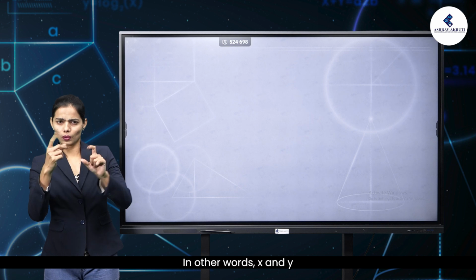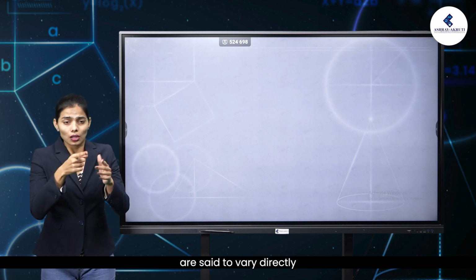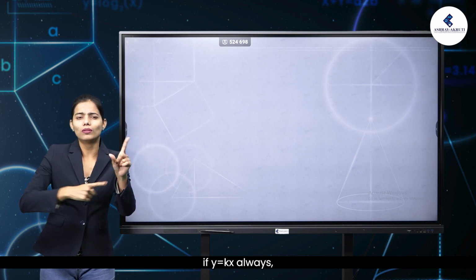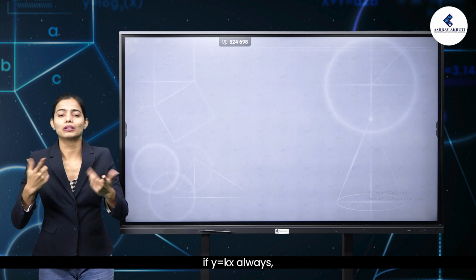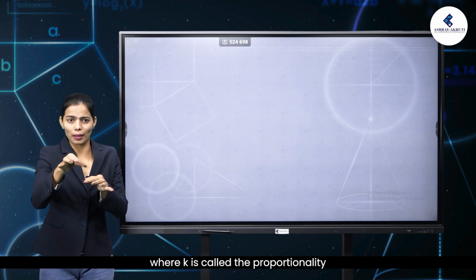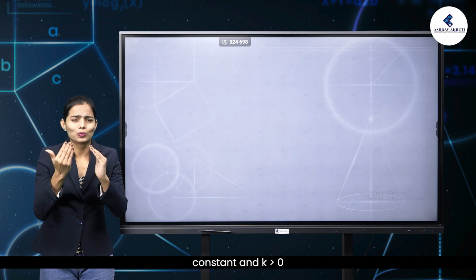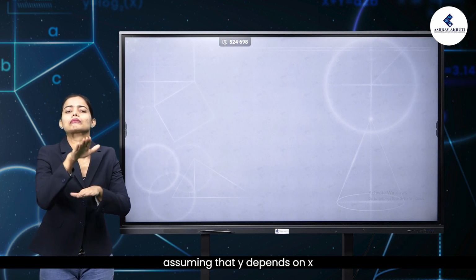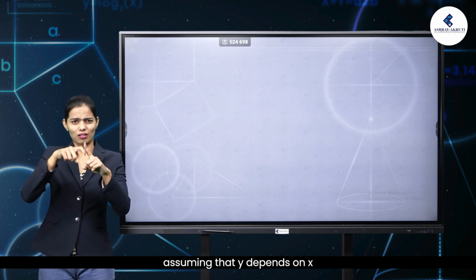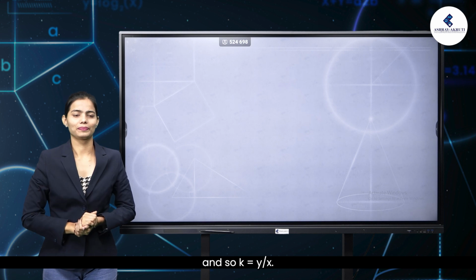In other words, x and y are said to vary directly if y is equal to kx always, where k is called the proportionality constant and k is not equal to 0, assuming that y depends on x, and so k is equal to y by x.